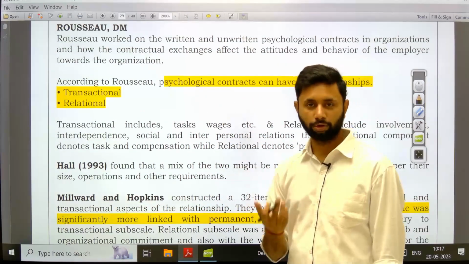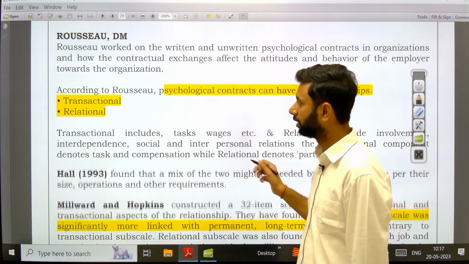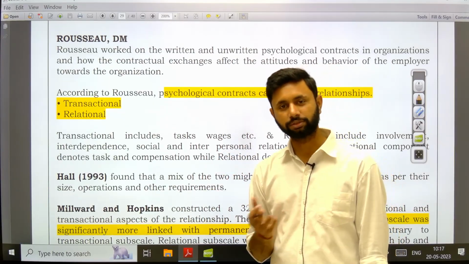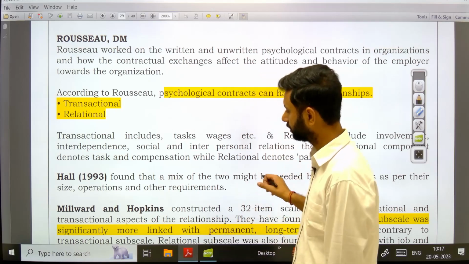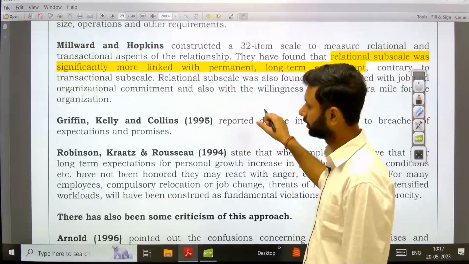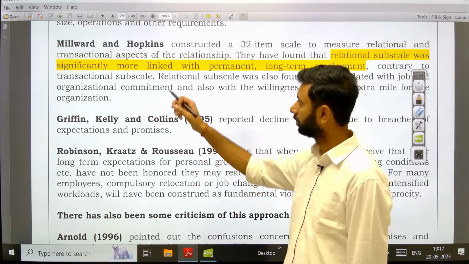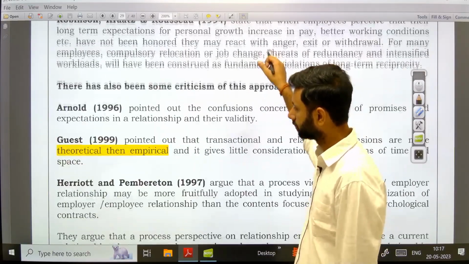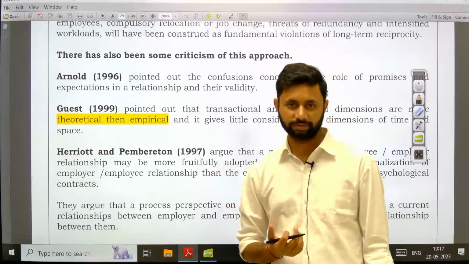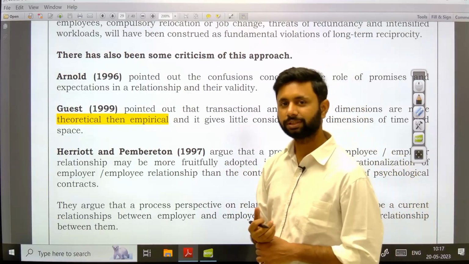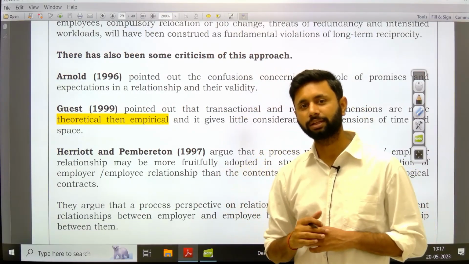Relational is a long-lasting relationship. Transactional relationship is just a short-term, narrow, individual interest relationship. Learn some other scholars also, Millward and Hopkins, and the criticism with respect to the psychological approach, which says that it is more theoretical rather than empirical. Okay.